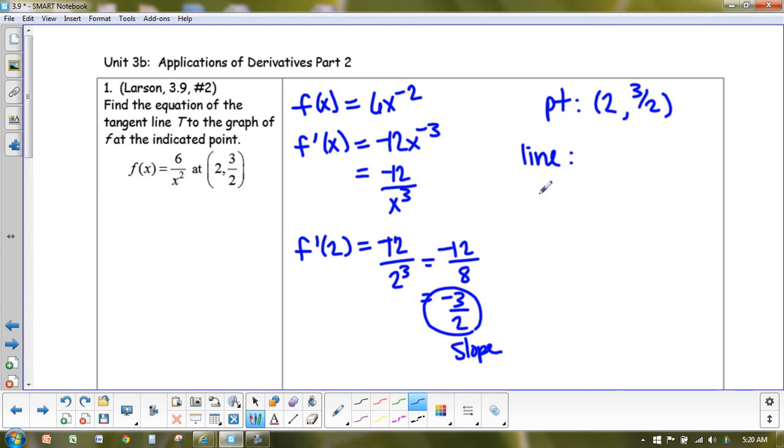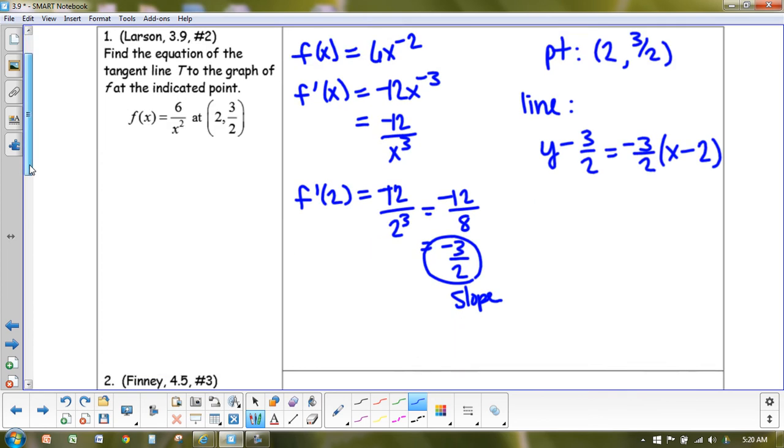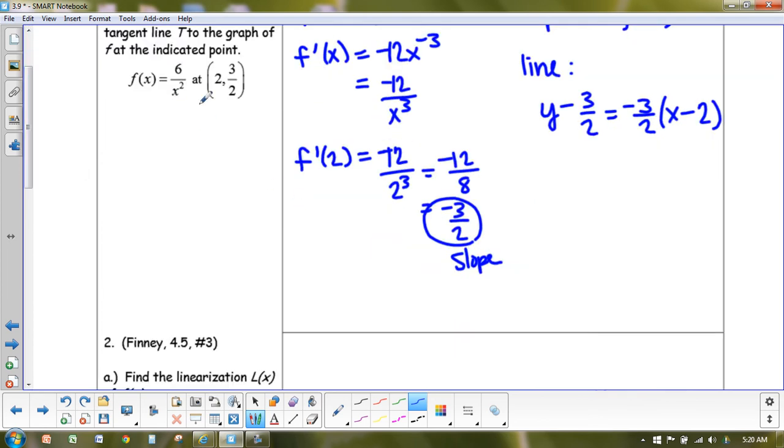So basically they're wanting you to solve this for y. It's still going to be easiest to work with if you leave it in point slope form. So y would equal negative 3 halves, quantity x minus 2, plus 3 halves. And then you could just rename that t for tangent line equals negative 3 halves x minus 2 quantity plus 3 halves. I would leave it there.